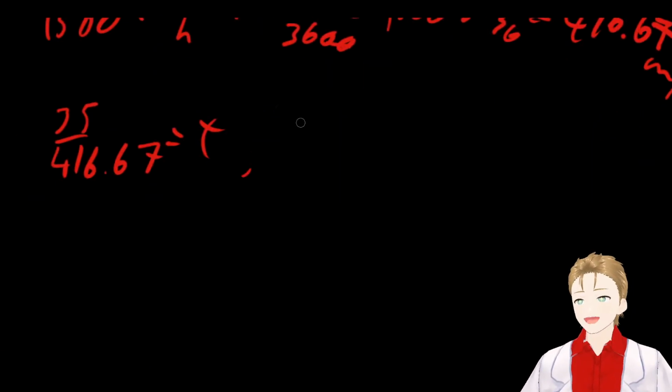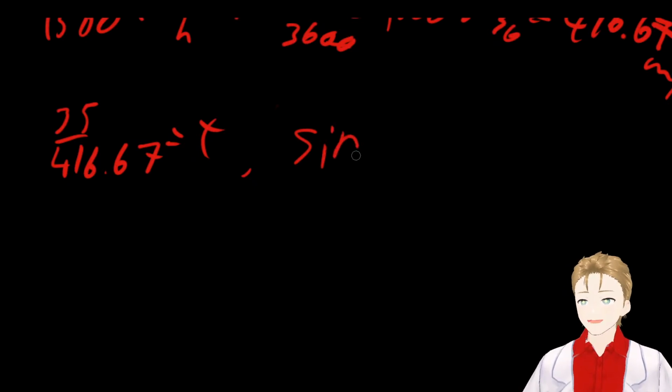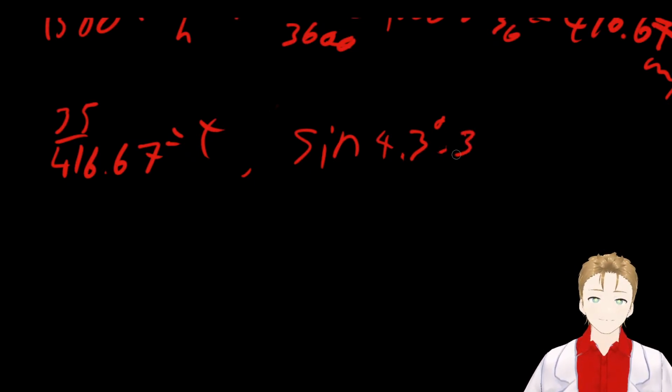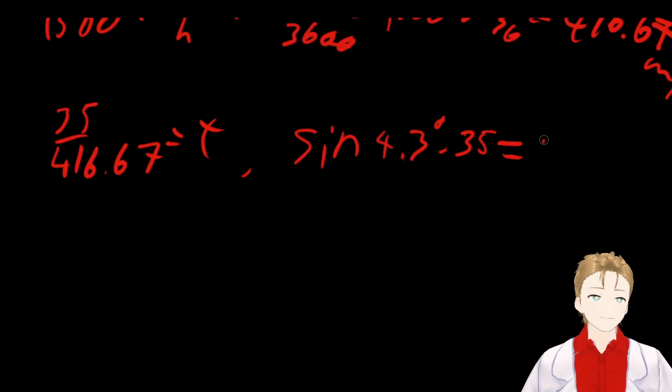Sine of 4.3 degrees equals... I guess 35 is equal to h.